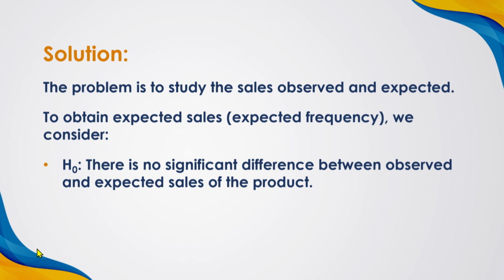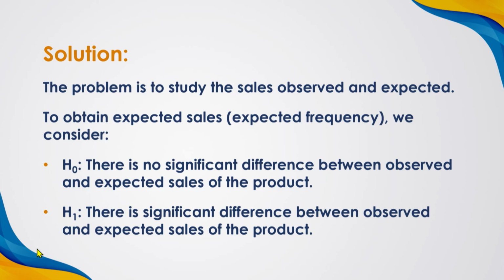As I mentioned earlier, you have to frame your null hypothesis properly with respect to your problem. Generally you write that there is no significant difference between observed and expected frequencies, but here you are particular about the problem, so you specify sales of the product.